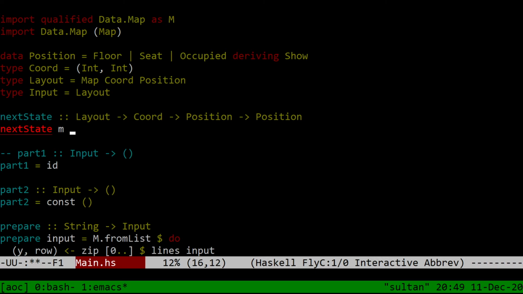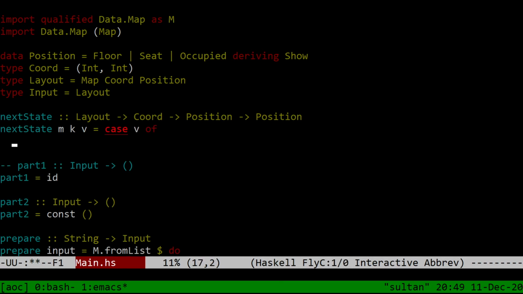M, K, V. Well, I mean, we can just pattern match here. Case V of, if it's floor, it's always floor.